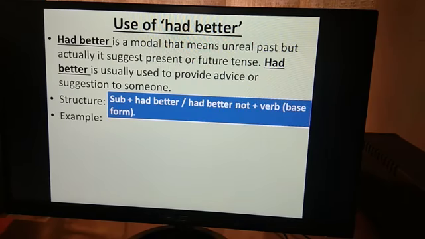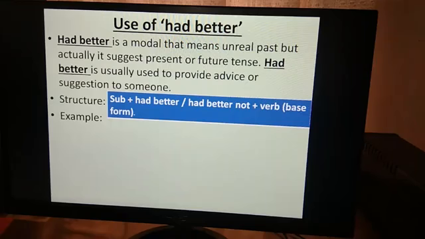So had better is a modal, an unreal past, but actually it suggests present or future tense.